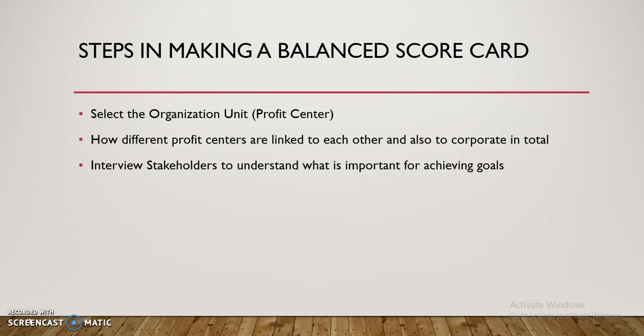So interview all the different stakeholders: the marketing guys, the operational guys, the sales guys, the finance guys, the CEO and the shareholders. How important are customers to you, how important are suppliers to you? These are all different measurements that the business needs to understand.